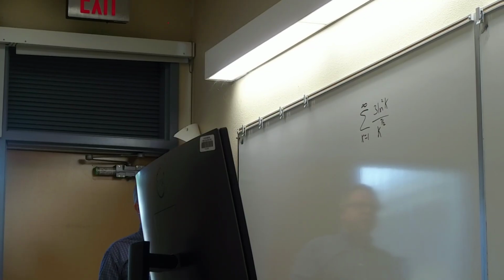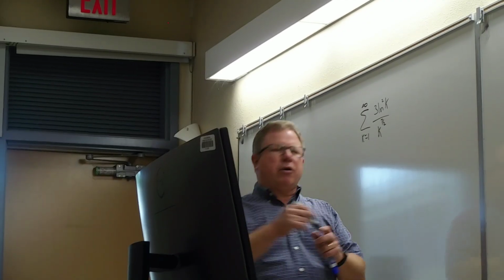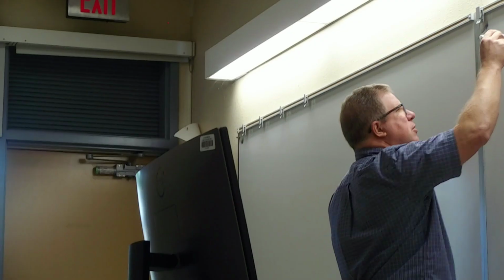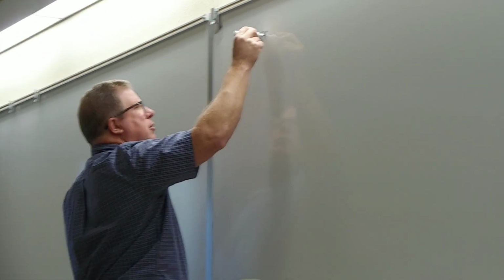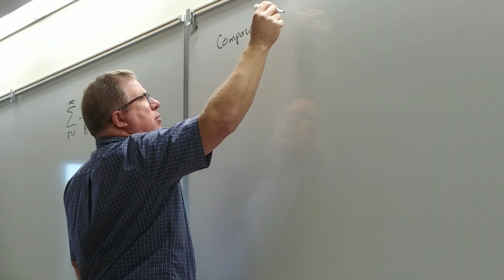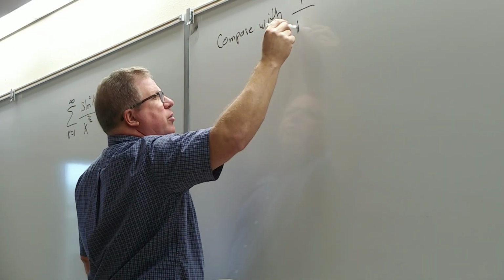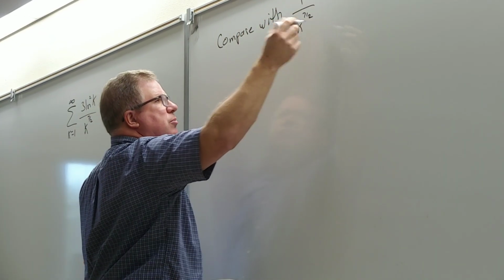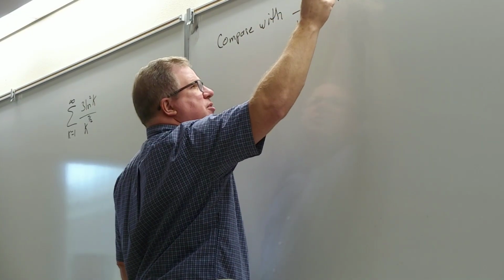You might be tempted to compare it with, this is going to be wrong, don't write this in your notes, 1 over k to the 7 halves and do the limit comparison test.